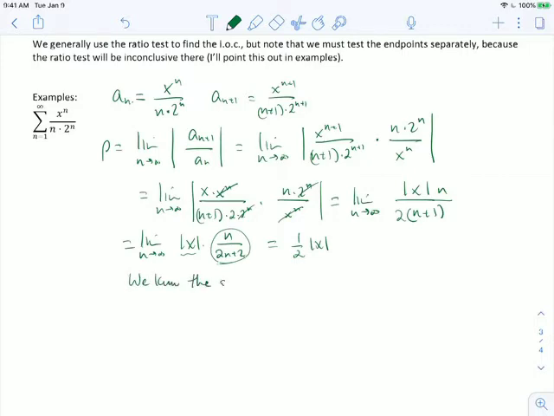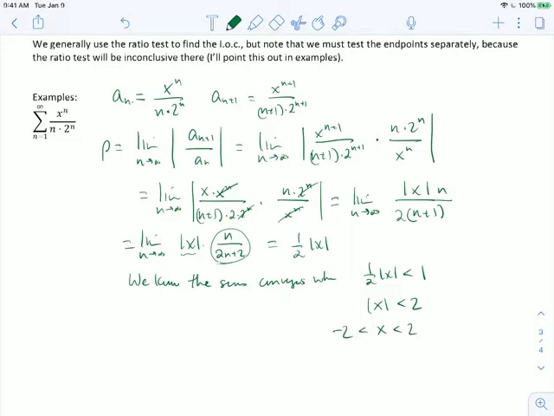And we know then that the series converges when 1/2 of the absolute value of x is less than 1. Well, I can multiply both sides of that inequality by the positive number 2, and then I can rewrite it.